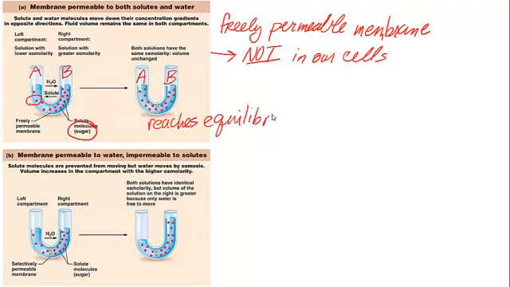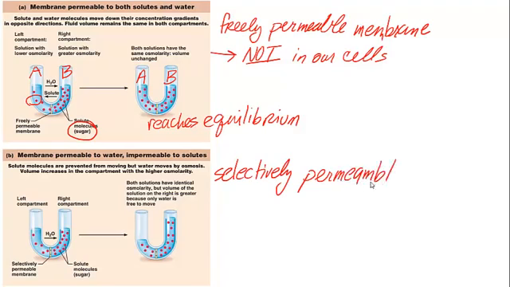However, as we have already learned, in our cells we have what is called a selectively permeable membrane. This means that the membrane can select for what actually goes from one cell to another cell. So again, this is cell A, cell B. However, since we have a selectively permeable membrane, the only molecule that will pass would be the water.